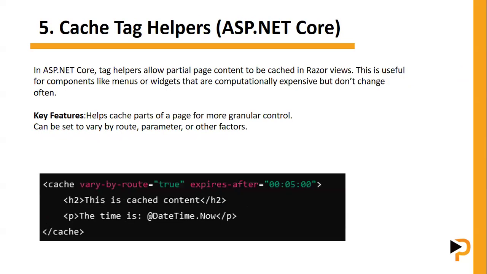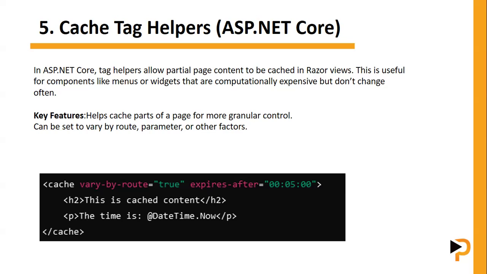Now, cache tag helpers. In ASP.NET Core, there are tag helpers which allow a partial page, or a part of the content of the page, to be cached in Razor views. This is useful for components like menus and widgets where we are storing some fixed data, right? Consider you are adding an address, and there are states and countries.